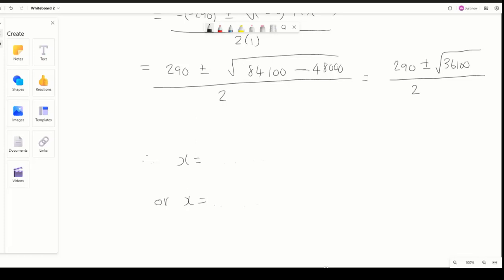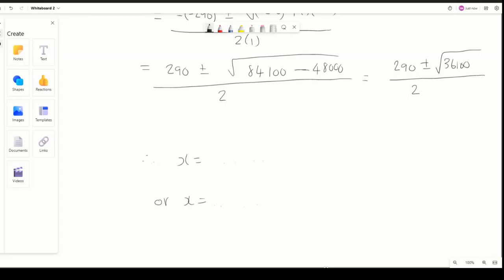What is the square root of 36,100, guys? It's 190, because 60 times 60 is 3,600, so it can't be 60. So he says it's 190. Just confirm with me, guys, I'm looking for the square root of 36,100.